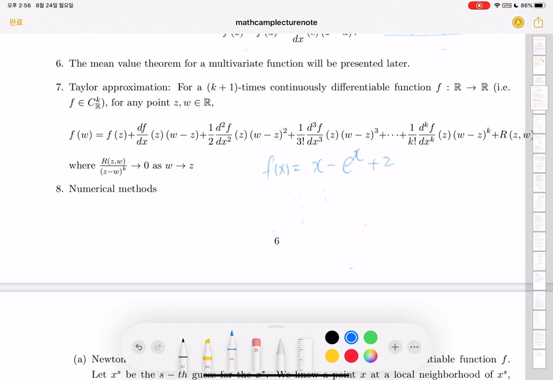And you want to find the zero for this. So you want to find x star such that f of x star, which is x star minus e to the power x star plus 2, equals 0. So how would you solve this?